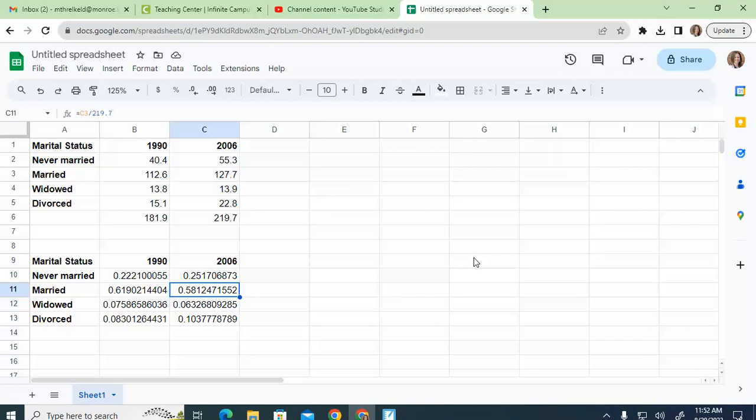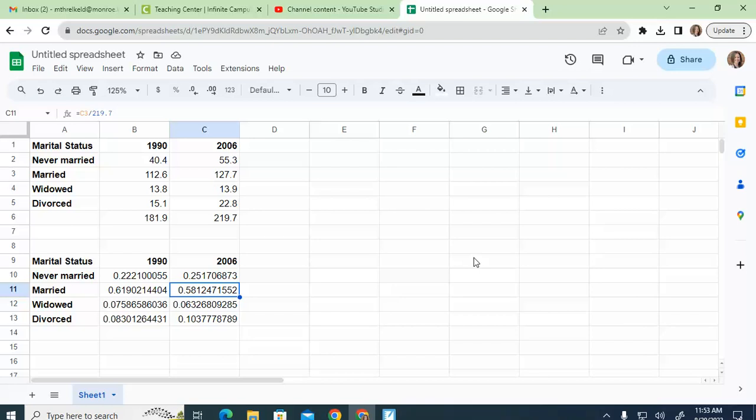Okay, thank you. Did you girls get it? Why are we only adding B2 and B5? Because we want to divide the same number every single time, so we can throw that down. Why isn't it just typing in 181.9?